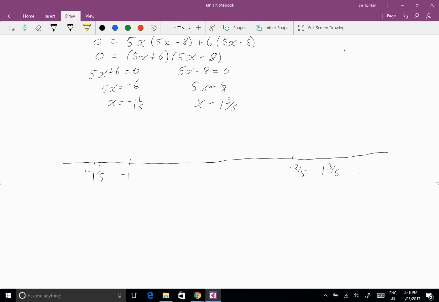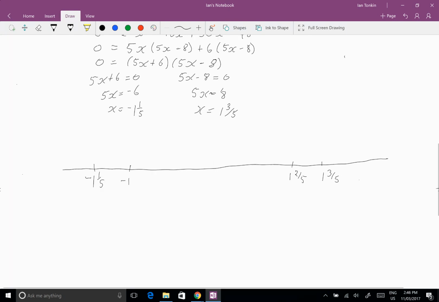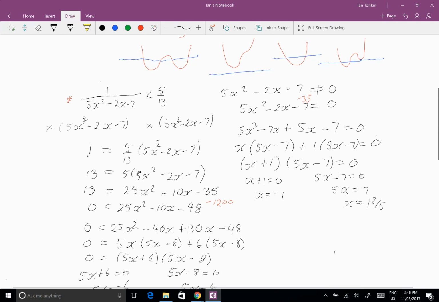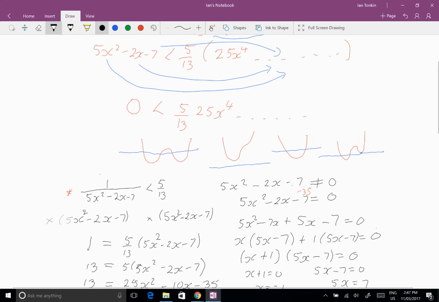But earlier on I showed that I was a bit smarter than just doing simple critical points. And I knew that this was a positive quartic. Well, up here I'm going to get a positive quartic, and I want the part greater than 0.